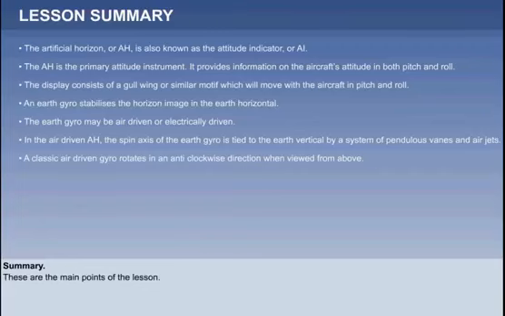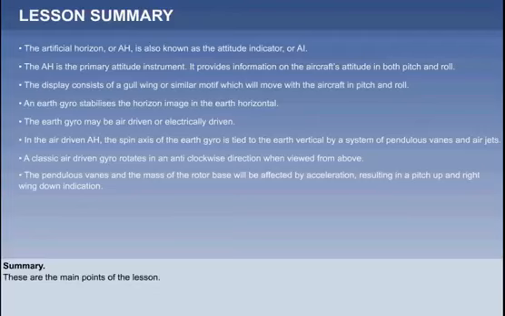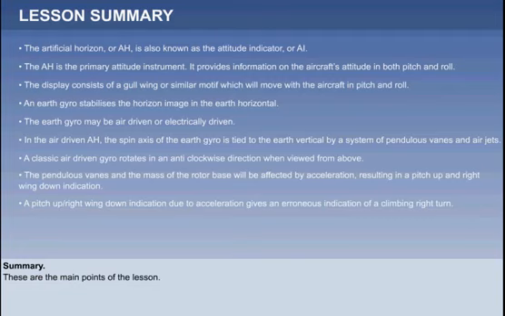The pendulous vanes and the mass of the rotor base will be affected by acceleration, resulting in a pitch up and right wing down indication. A pitch up and right wing down indication due to acceleration gives an erroneous indication of a climbing right turn.